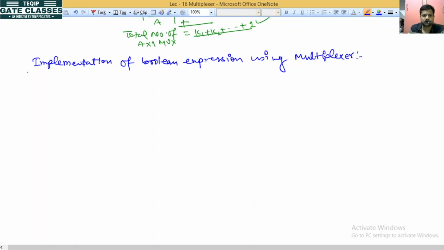Okay na. So in multiplexer there are two methods, or two approaches, to implement any Boolean function with mux. Okay na. So approach 1.